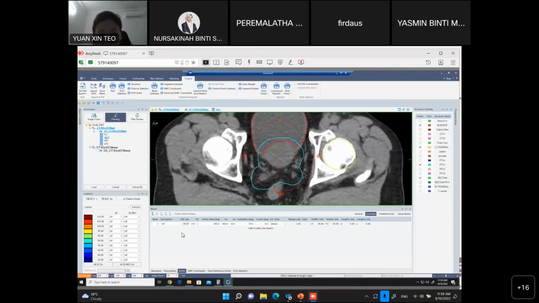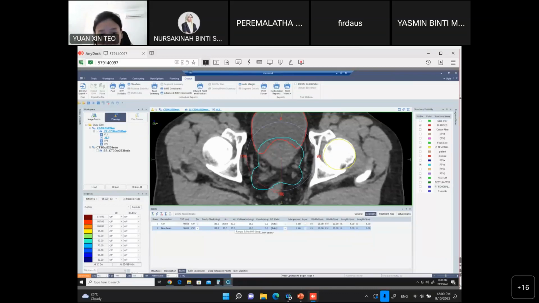Okay, you can choose gantry start angle. See, for this plan, I put clockwise start angle from 180 to 360 arc. Okay, for example, I want a 90-degree arc. Then you will just key in here. Okay, now you can see my beam is this red color. So it's only a 90-degree, this area only. Okay, and this increment means every 30 degrees, they will have a beam.